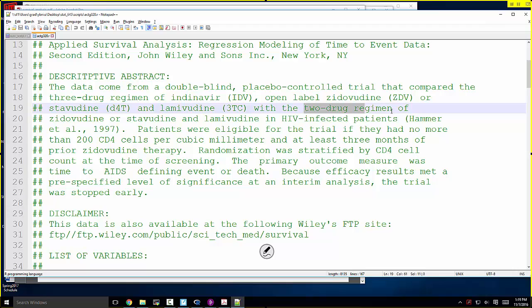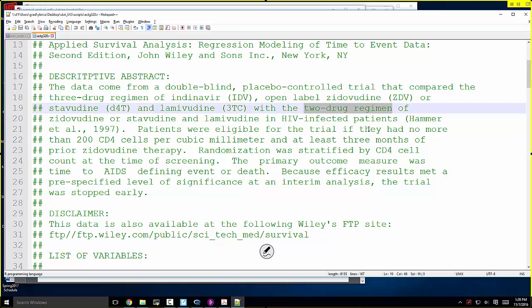So these were all patients with HIV, or I guess they all had full-blown AIDS. And if you're going to do an experiment to assess the efficacy of a particular drug on AIDS patients, it is not ethically reasonable to randomize an AIDS patient to either receive the new treatment or, say, aspirin.